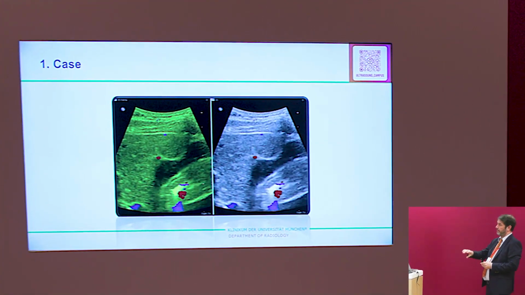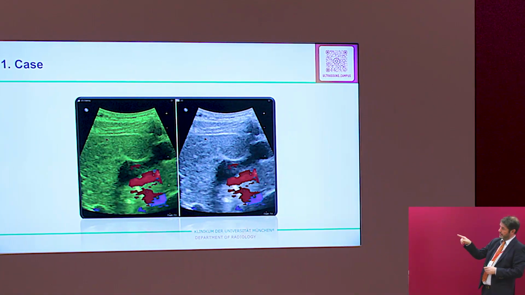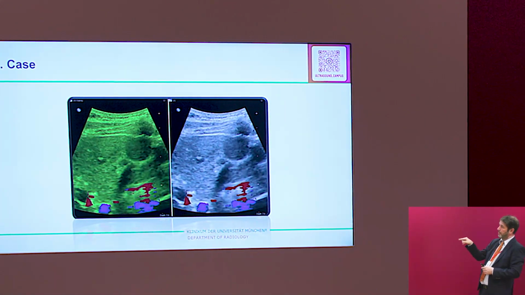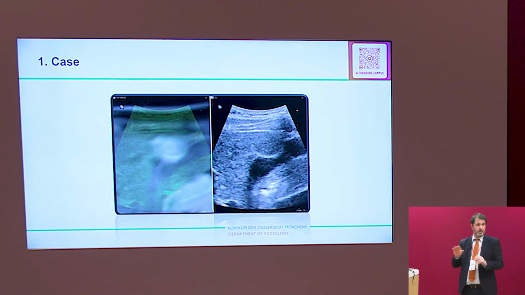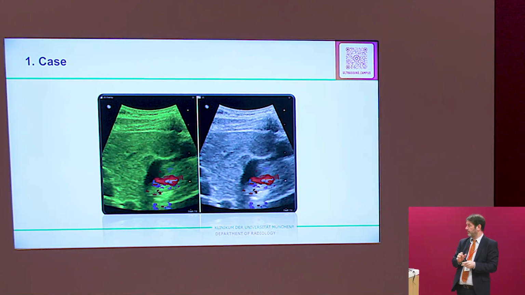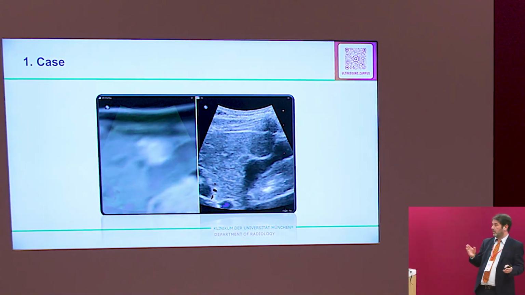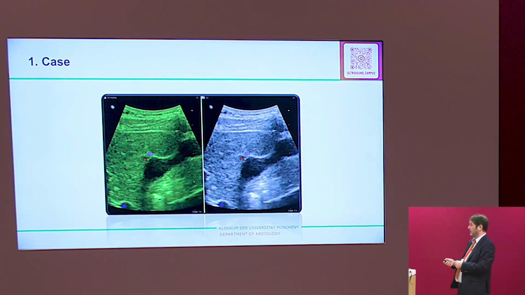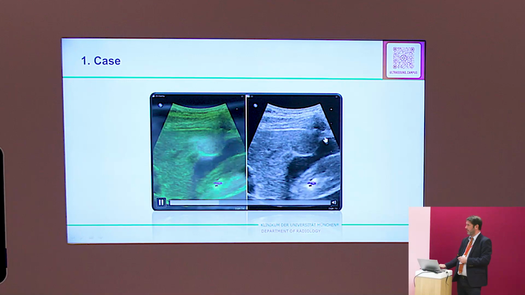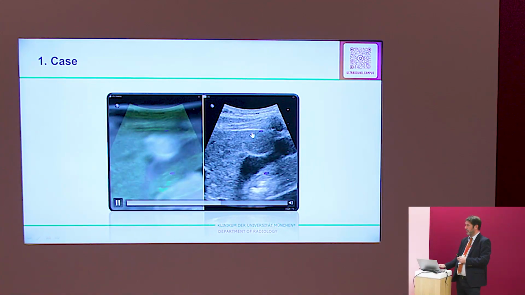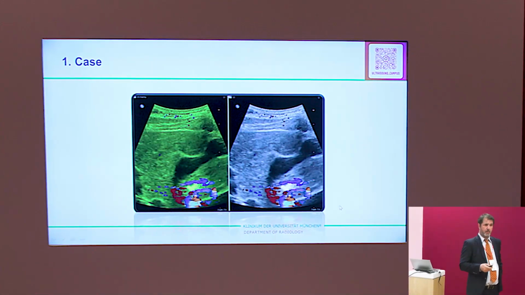So you see, I just turn the knob and you see the border of the lesion in grayscale has the same or a similar border as the lesion in the MRI. So registration works. Now you can do this either with grayscale or also with color Doppler. You still see there are some vessels here, and maybe this is also the key question, is this a feeding vessel or what is it?